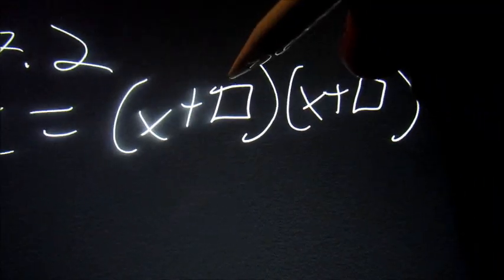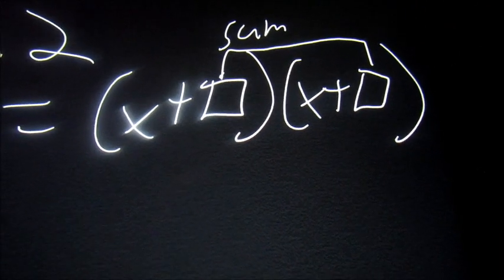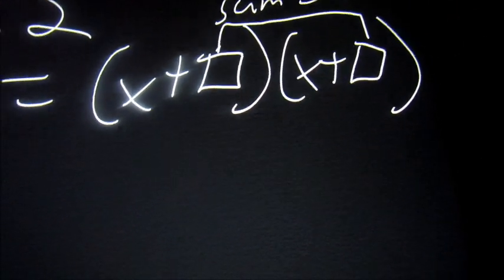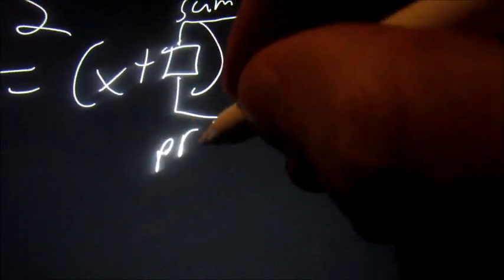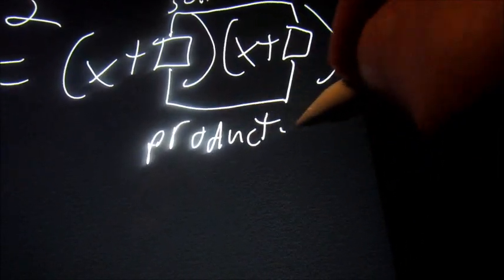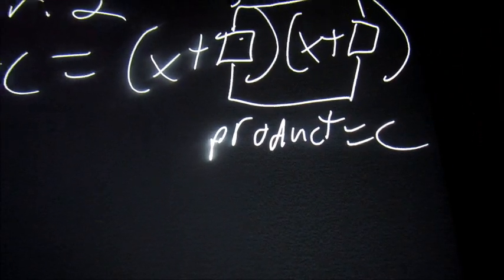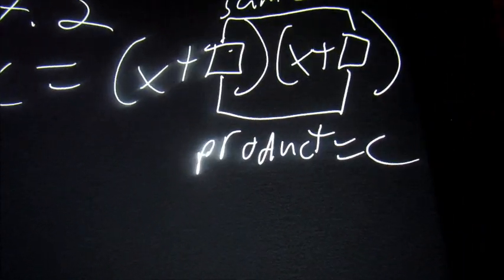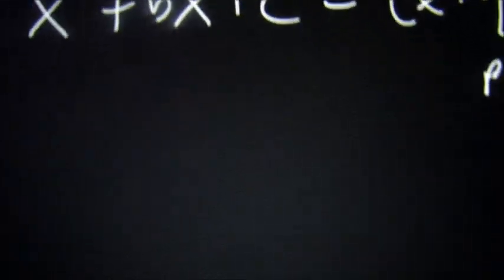Now the sum of these two numbers equals b, and the product of them equals c. So this times this equals c, this plus this equals b.